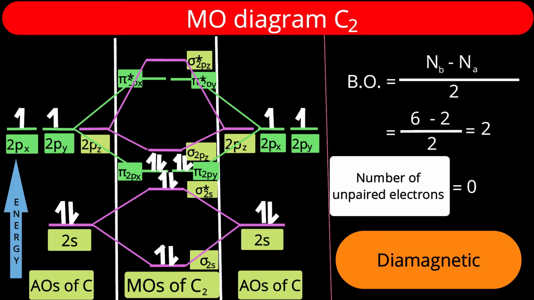Sigma 2pz is of higher energy than pi 2px and pi 2py. It is because the molecule, that's a C2 molecule, is formed from carbon atoms whose atomic number is low. Only 6 electrons, 6 protons are there. The energy gap between 2s and 2p is small, and because of that, the sigma 2pz orbital is of high energy. It is one of the general reasons.